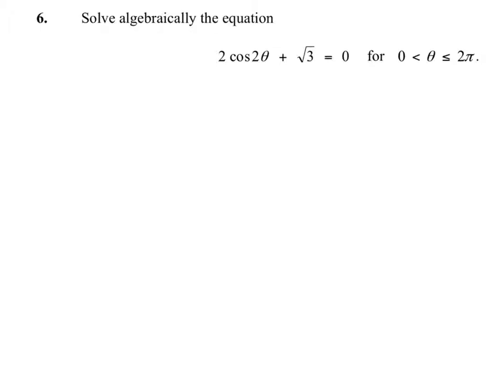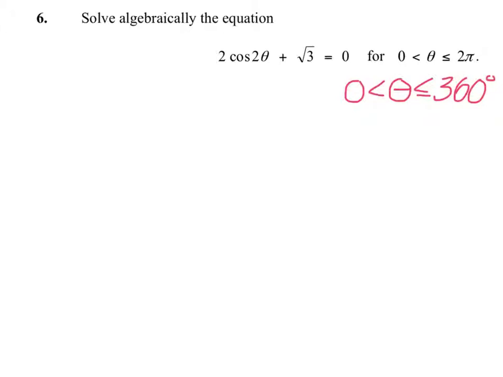Question number 6. Solve algebraically the equation 2 cos 2 theta plus root 3 equals 0 for angle theta lying between 0 and 2 pi radians. So in order to make this a little bit easier to work with, we'll first of all convert our interval into degrees, which means theta is actually going to lie between 0 and 360 degrees.